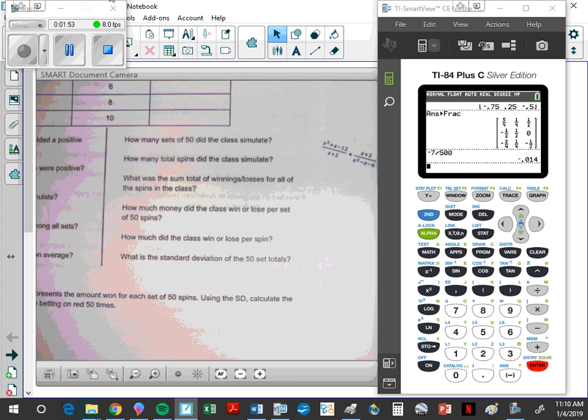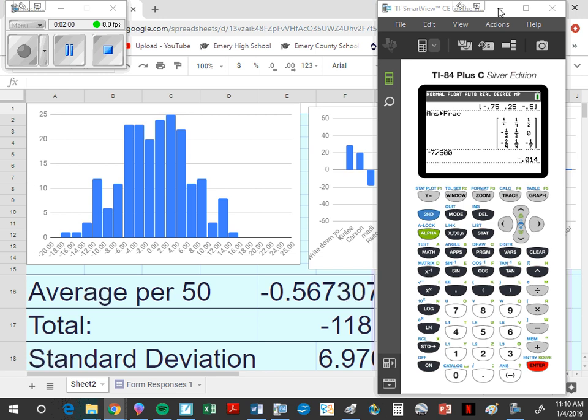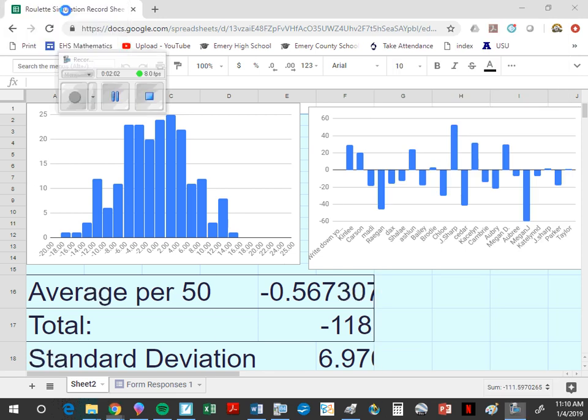So if we look at the data for the class, this is what it looks like. And again, some of you aren't going to be on this because you weren't here, but you can still use these numbers. So the first question says, how many sets of 50 did the class simulate? So let's look.